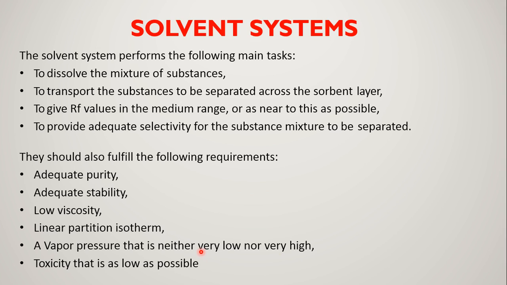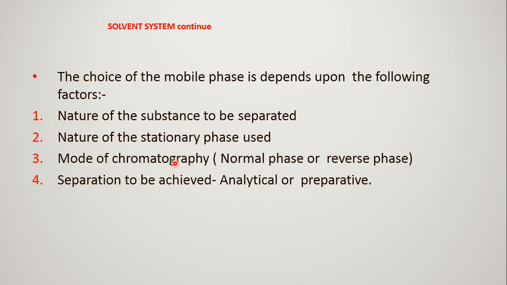If its vapor pressure is very low, then it will be a very low volatile liquid, and it is not favorable for the TLC experiment. This low volatile liquid may damage the stationary phase or may create problems after or during development. Toxicity is also a possible reason, meaning our solvent should be non-toxic.